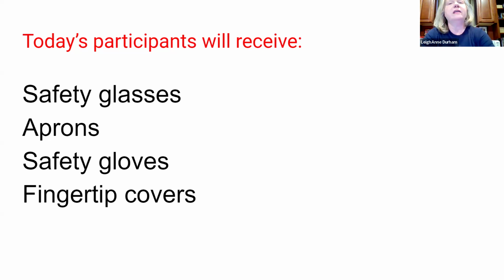So I hope those will help you get an idea. I just picked some things, and I told Dr. Adams I really think all of our participants need these, because if we're going to talk about safety, one of the first things I said was we're required by law to provide those things. And if we don't provide them, then that's on us. So I hope you will find that beneficial.